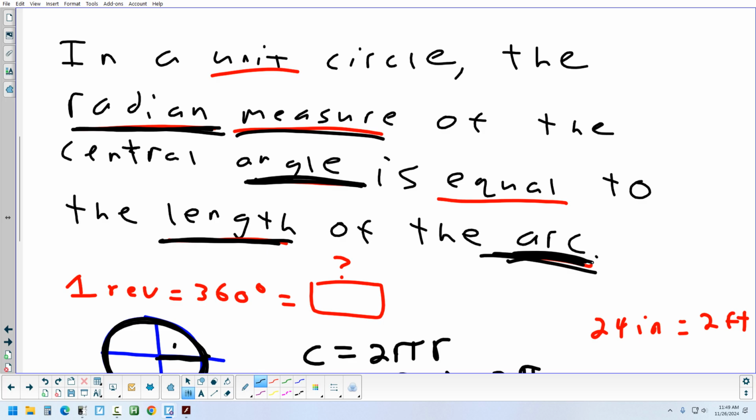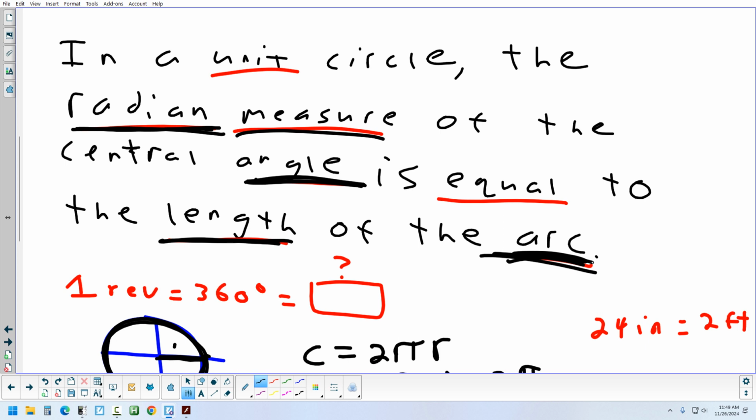And it's automatically going to be in radians. 360? That's degrees, but our answer needs to be in radians. Yeah, 2 pi. The length of the arc is equal to the measure of the angle. The arc goes all the way around the circle, and it's 2 pi. So the angle that goes all the way around the circle is also 2 pi.